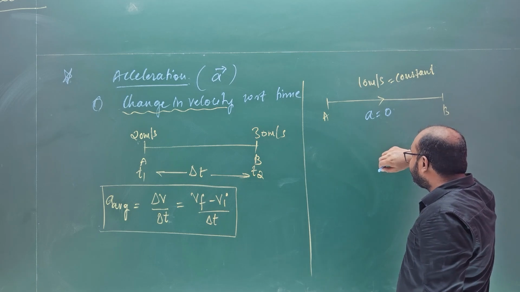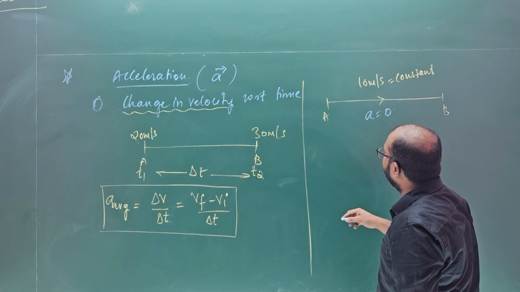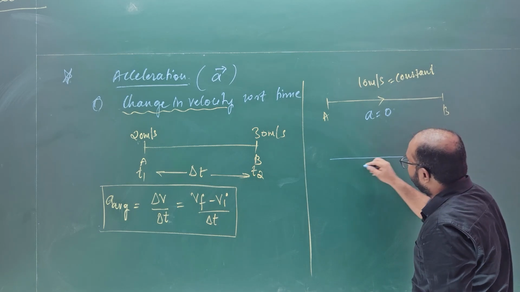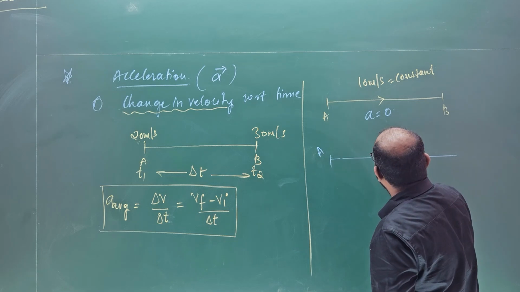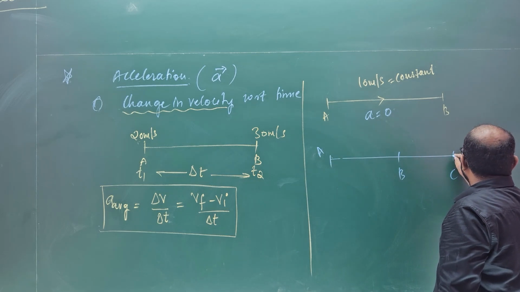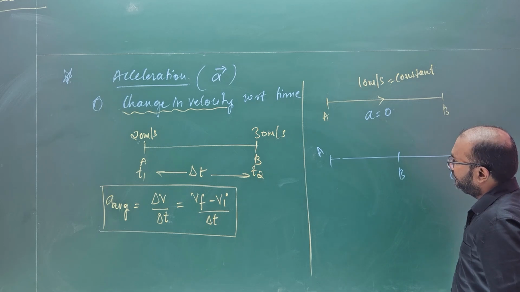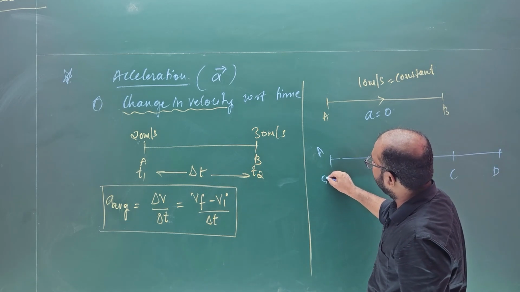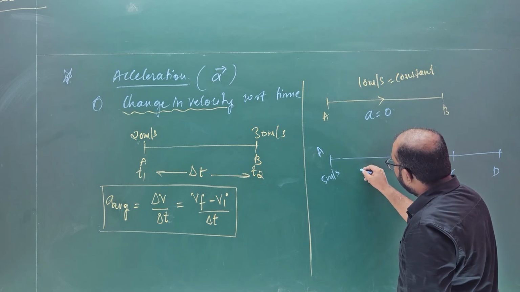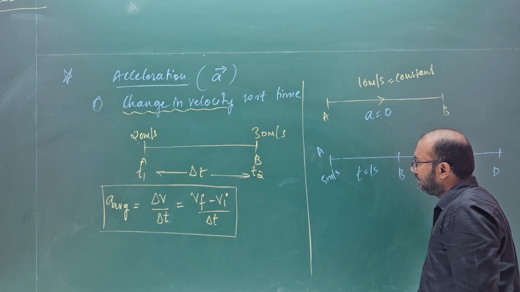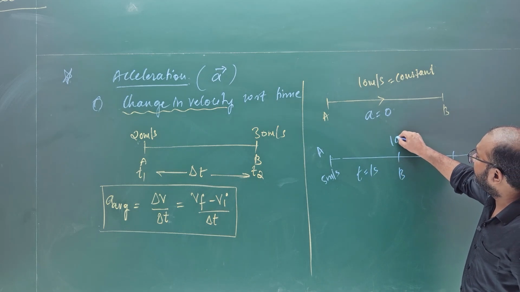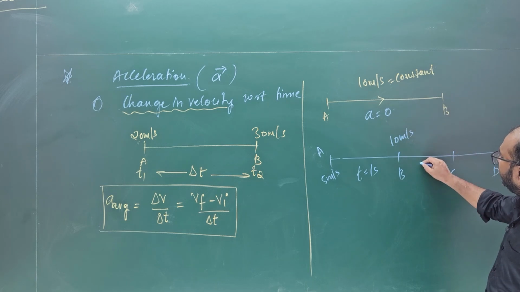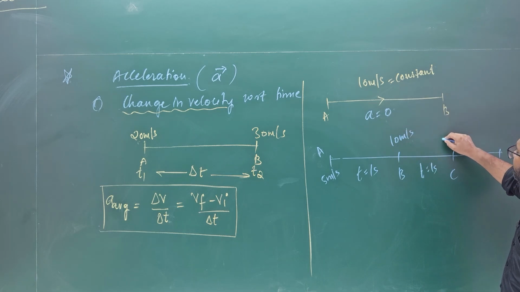Okay. Now, similarly, for example, a body is traveling here, point A to point B to point C, and let it travel to point D. Initially, its velocity is 5 meter per second. After 1 second, velocity becomes 10 meter per second. Similarly, after 1 more second, velocity becomes 15 meter per second. After 1 more second, velocity became how much? 20 meter per second.